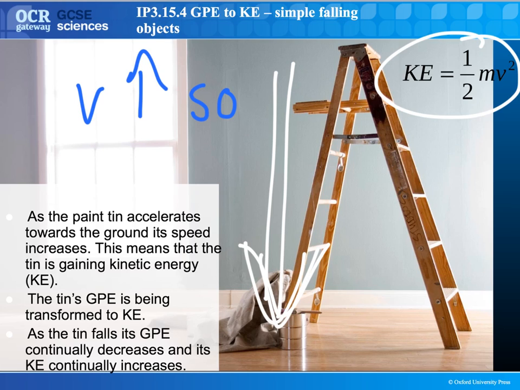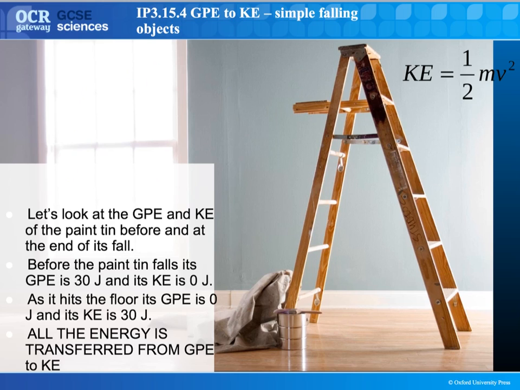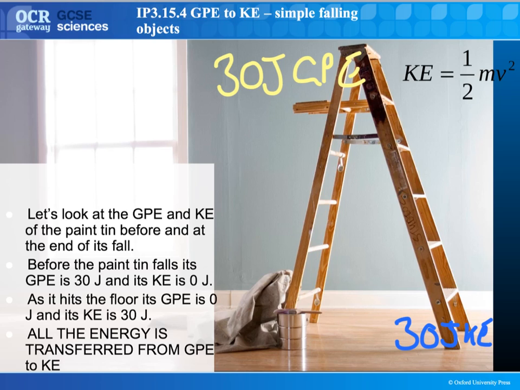So as the velocity increases, the kinetic energy also increases. So if we have a situation here where we've got 30 joules of GPE there, then just before the tin hits the floor, we have 30 joules of KE, of kinetic energy.